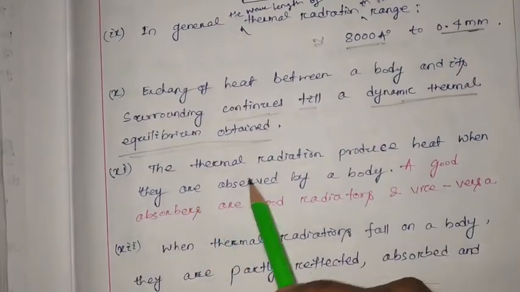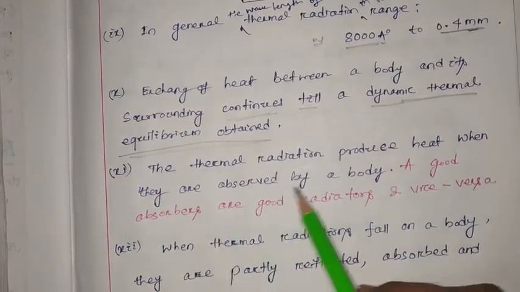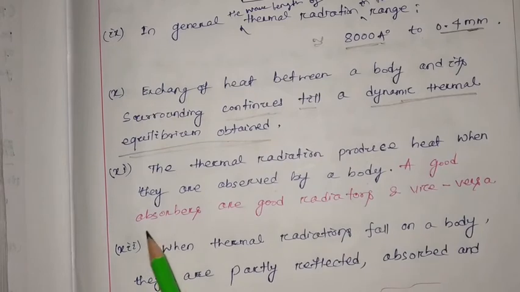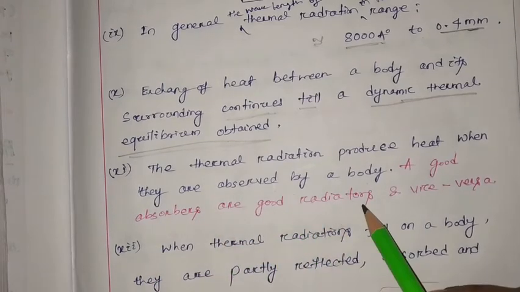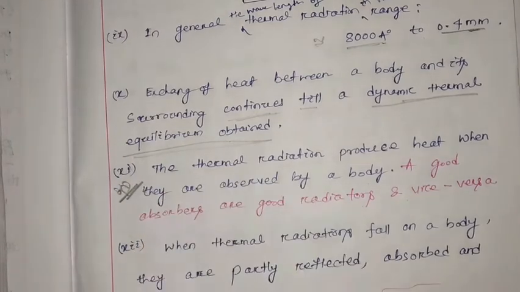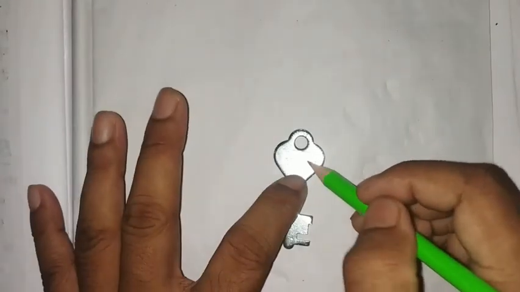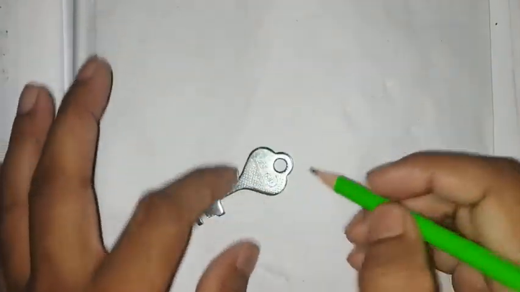The thermal radiation produces heat when it is absorbed by a body. A good absorber is a good radiator and vice versa. This is another important point. Suppose we give some thermal radiation to this body, its temperature is going to increase.